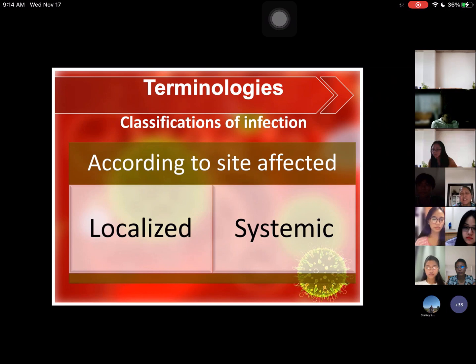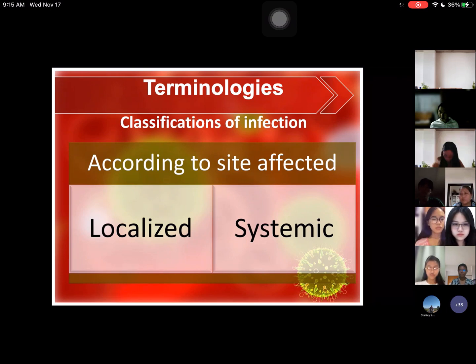So when you say systemic infection, it has something to do with the ones that are infecting our system already, the overall system or overall health. So if your blood is infected, that is an example of systemic infection.